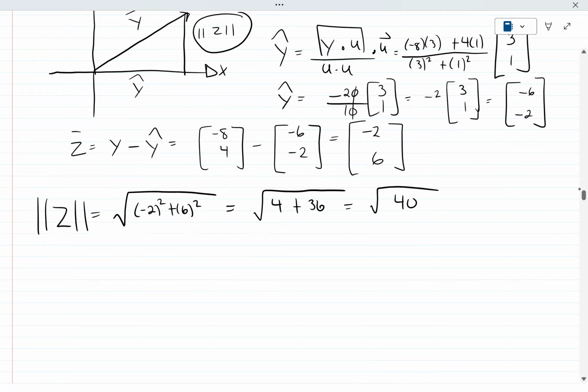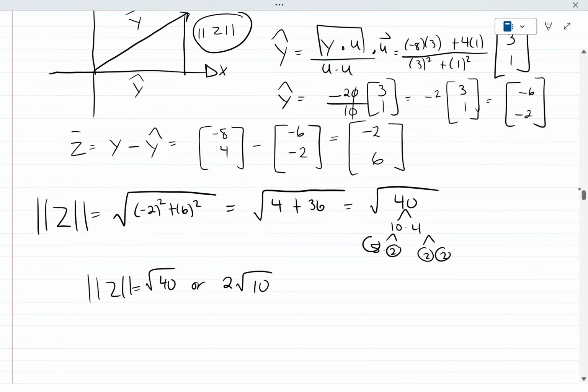You could simplify that, or you could just leave it as it is. 40 could be simplified as 10 and 4, 4 is 2 and 2, 10 is 5 and 2. So the magnitude of z, you could say square root of 40, or you could say 2 square root of 10. Okay, so we found the distance. This or this is my final answer.